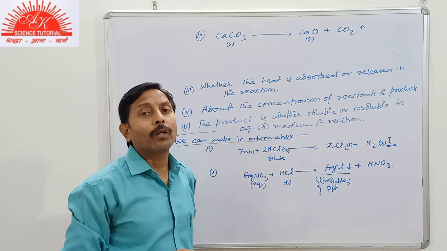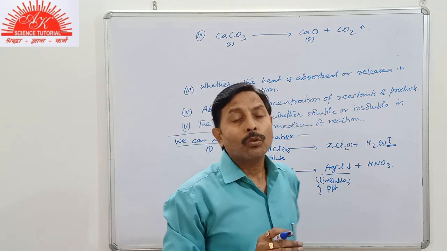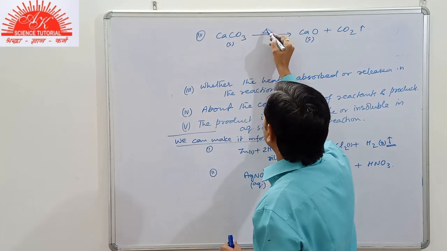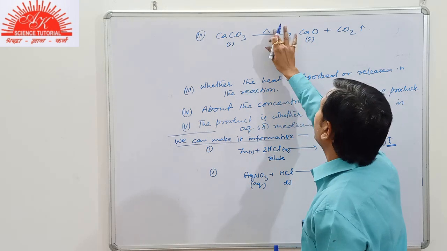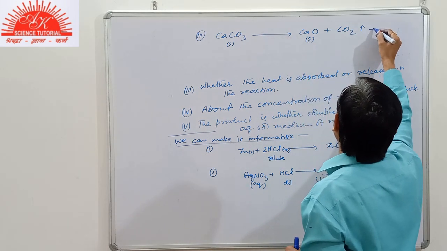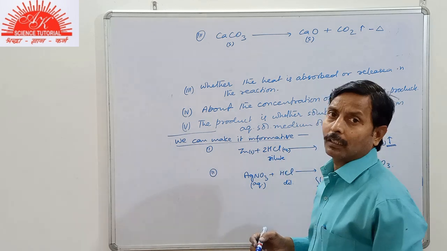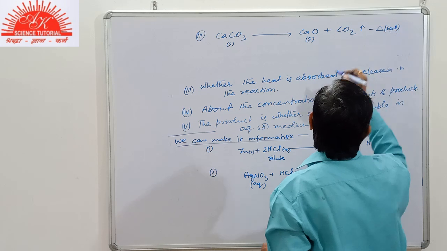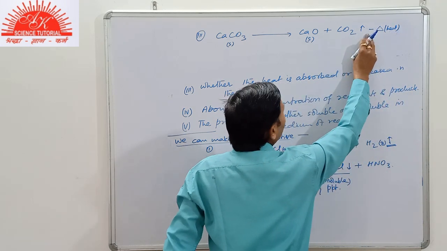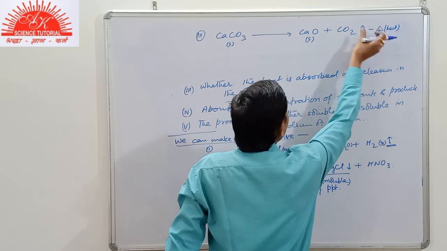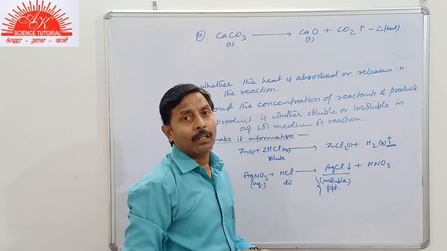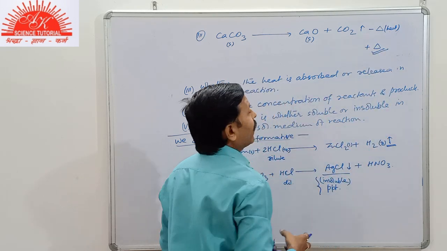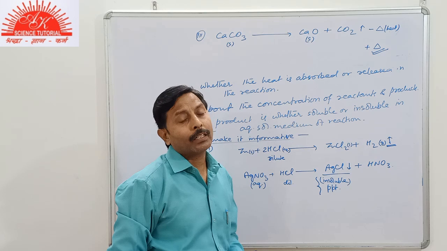It says it must be heated. So if the heat is absorbed, then either we write it like this, or we can also place heat on this side. Triangle represents heat. Minus heat on the product side means it is utilized, it is absorbed. And if we write plus heat, it means the heat is released, that is, it is an exothermic reaction.